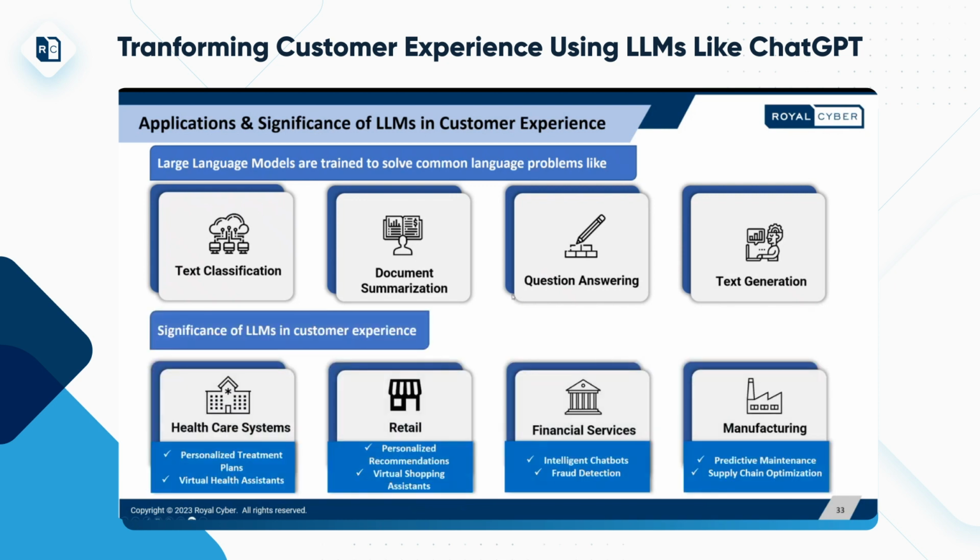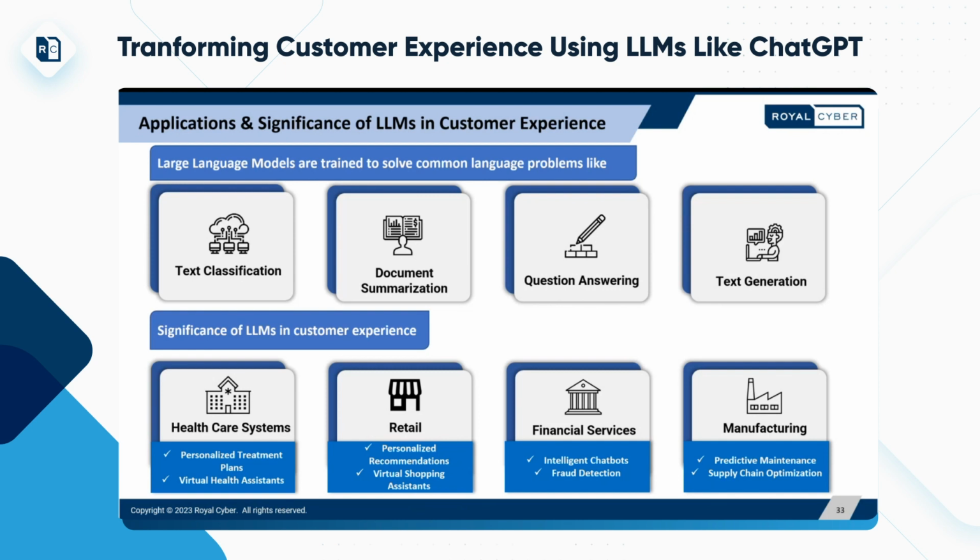And we've also listed some key significant applications of large language models by verticals. So if you're in healthcare systems, for example, we can think of personalized treatment plans or virtual health assistants. If you're in retail and commerce, personalized recommendations on the fly, in real time.